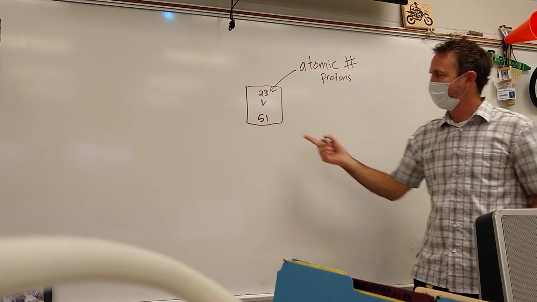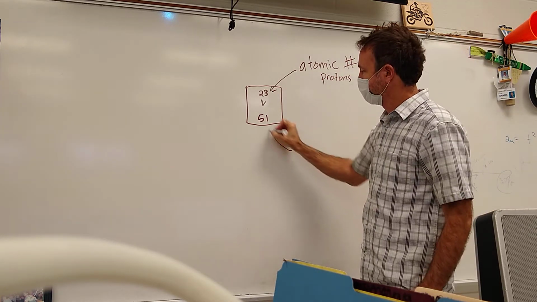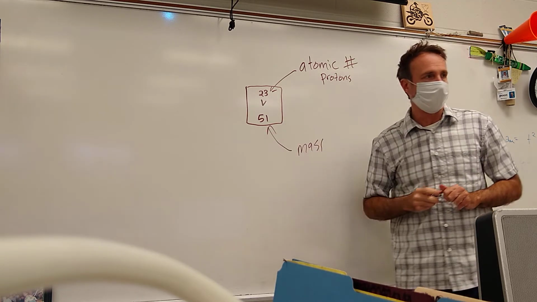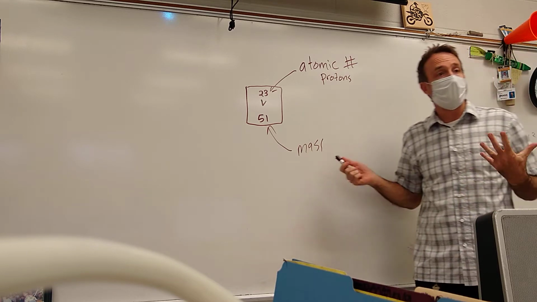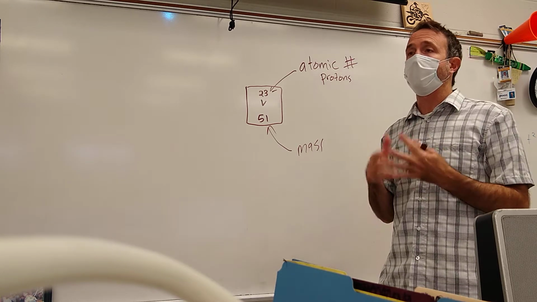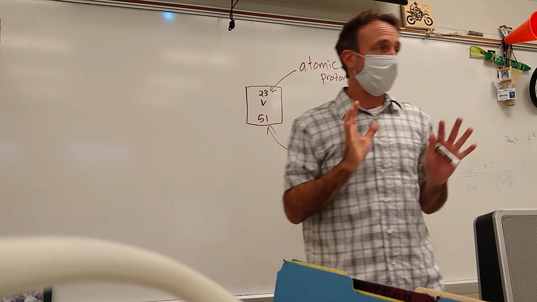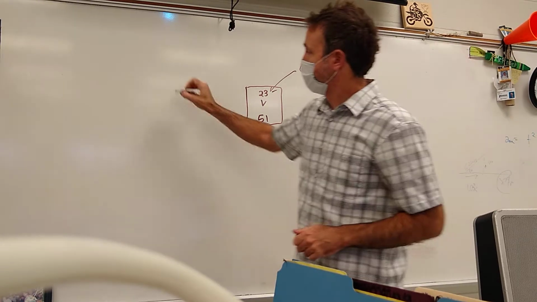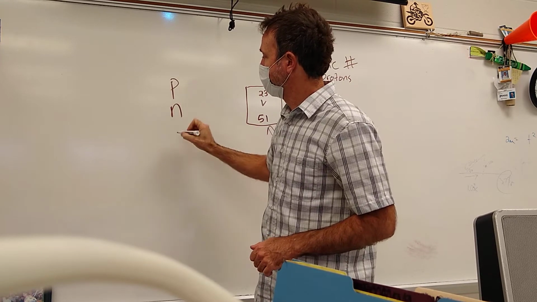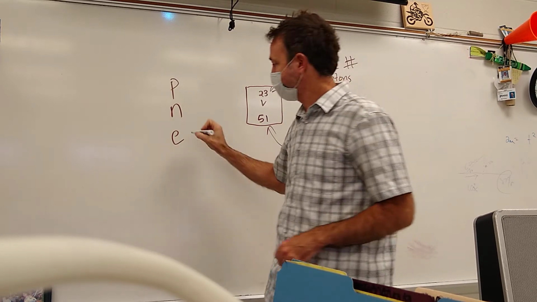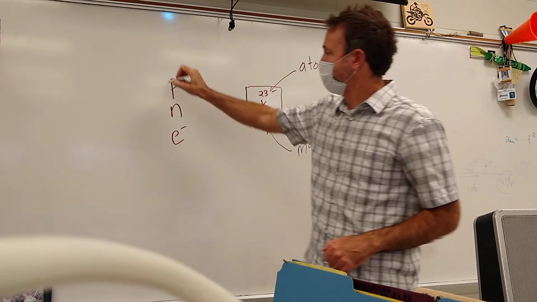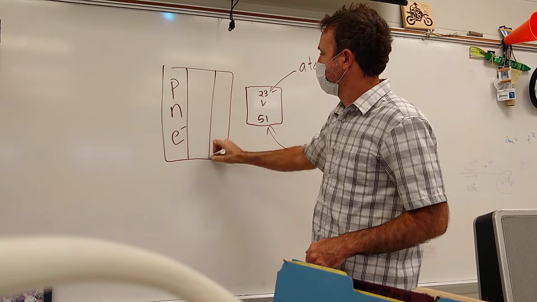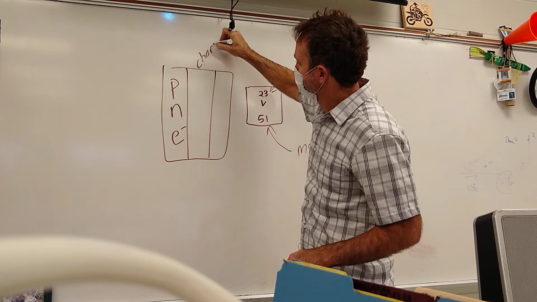And then down here, we have the atomic mass. Like I said, we went over this at the very beginning of the school year. The atomic mass is the sum of all the particles in the atom that have mass. There are three particles: protons, neutrons, and electrons. We had a really simple chart about them.